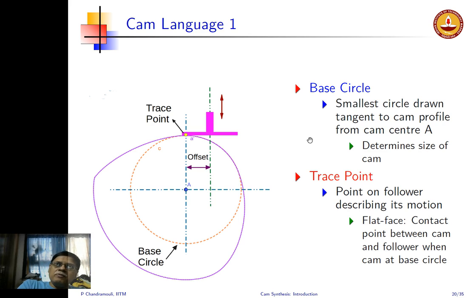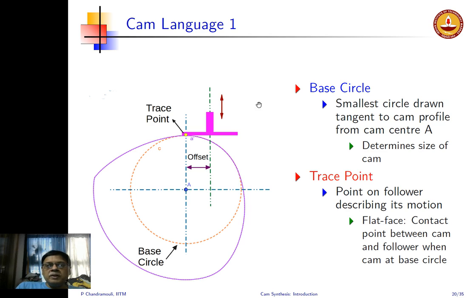Now to describe the follower motion, we have a point called a trace point, which is basically a point on the follower which describes the motion of the follower. So this is basically a theoretical point which we latch on to so that we can describe the follower motion.